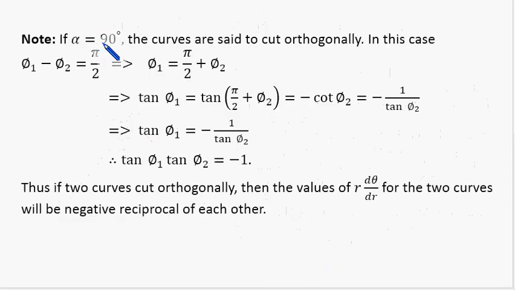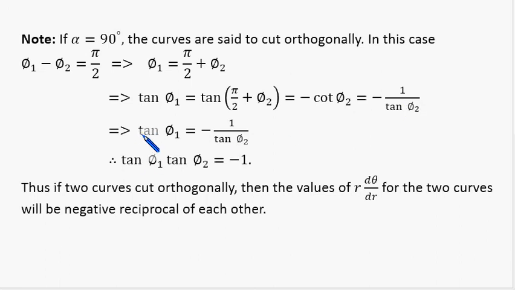If alpha is equal to 90°, the curves are said to cut orthogonally. In this case, phi1 minus phi2 is equal to pi by 2, or phi1 is equal to pi by 2 plus phi2. Applying tan on both sides, tan phi1 is equal to tan of pi by 2 plus phi2, which is equal to minus cot phi2. Taking the reciprocal, cot becomes tan, so this is minus 1 divided by tan phi2.